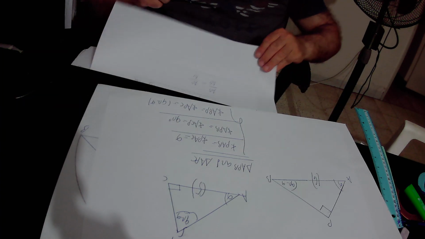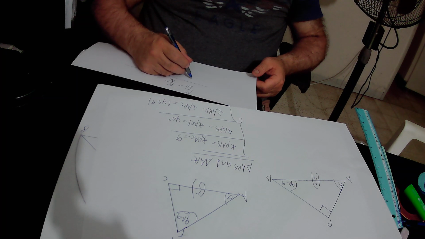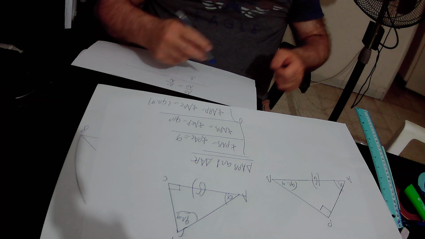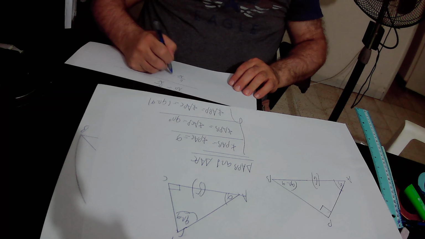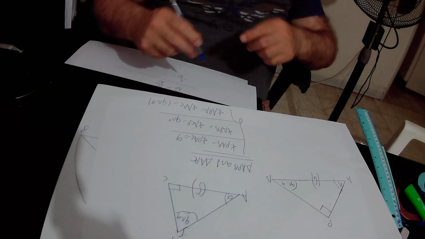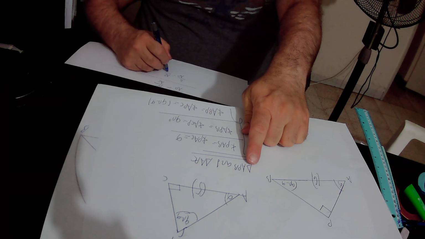We have already found out that AB equals 6, so we substitute AB by 6 over AP. AP is the missing side, so we leave it as it is, and it equals AP over AC, and AC is 5.